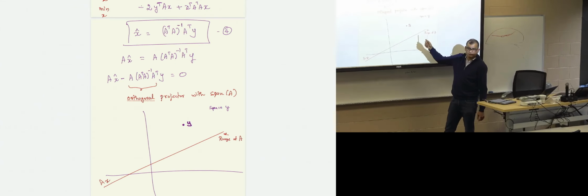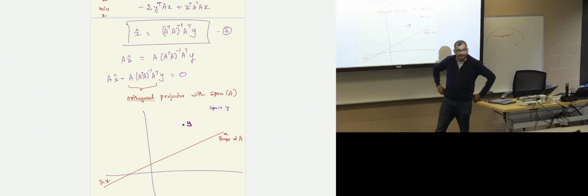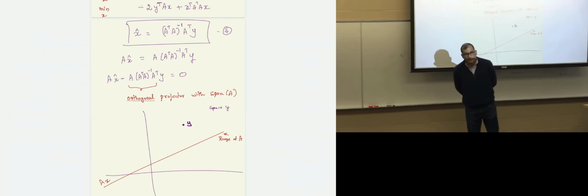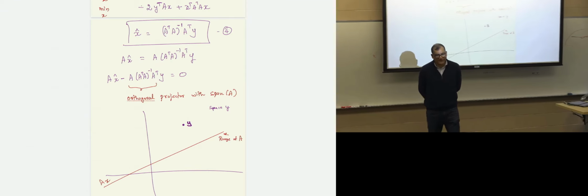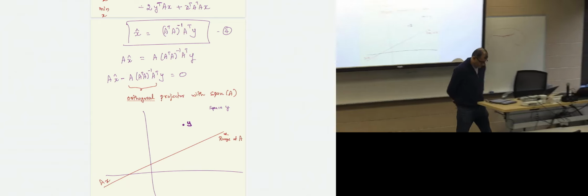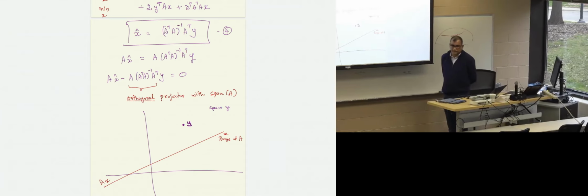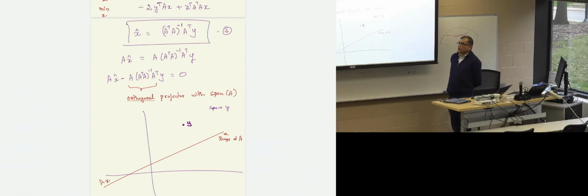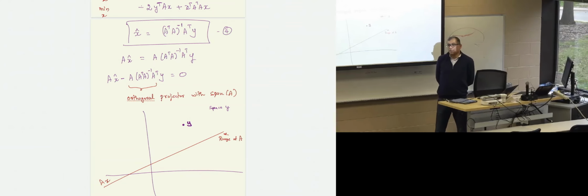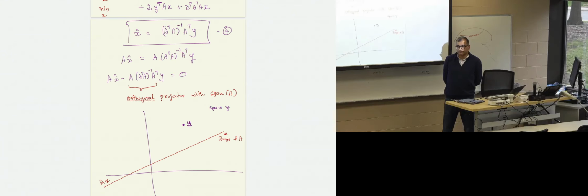But I thought we took A to be full rank, right? Yes, you're full rank, but you're not a square matrix. You're rank N, and Y lives in M-dimensional space. Let's call this Y1, Y2.